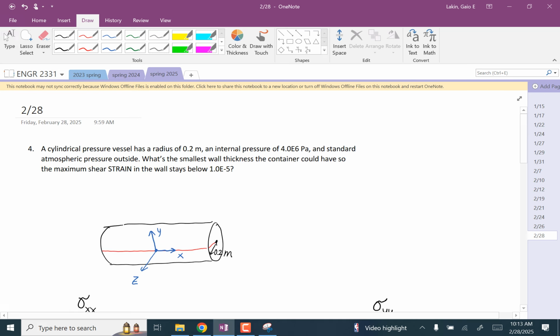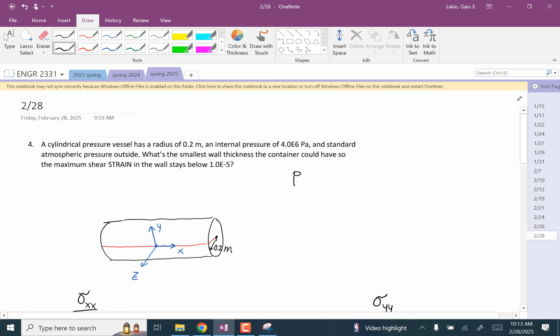times the pressure. Remember, pressure P is equal to the inner minus the outer. So that's about 3.9 times 10 to the 6. And it gives you the radius.